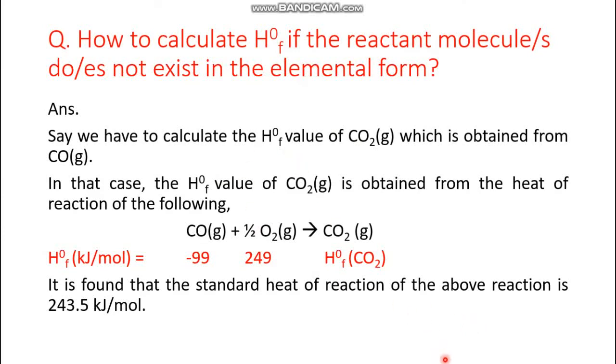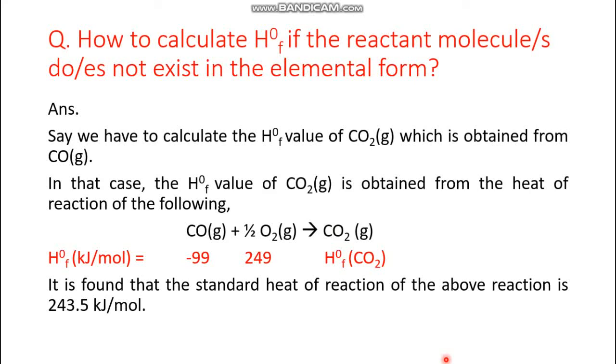Here is one question: how to calculate the standard heat of formation if the reactant molecule does not exist in the elemental form? Yes, that's a very valid question. If it is not in the elemental form, it is simply a compound, so how is it calculated?